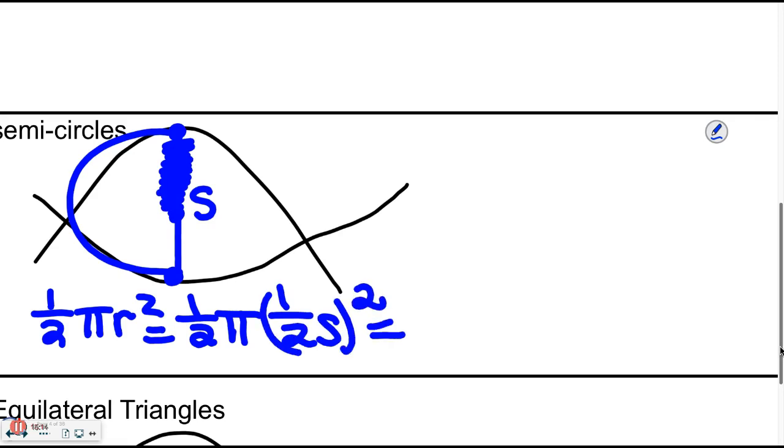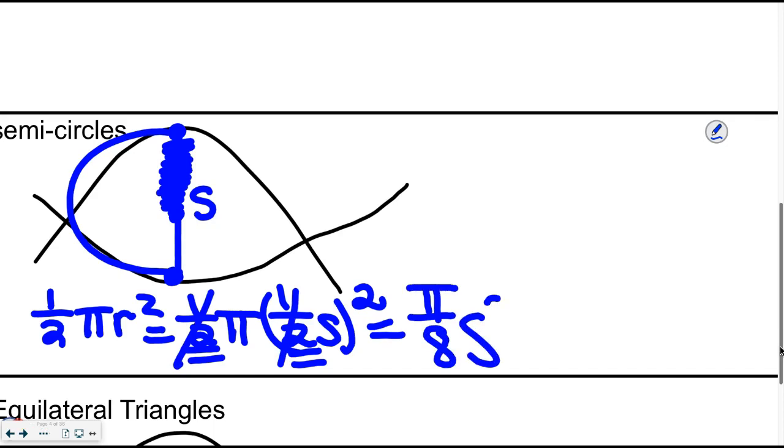So that when we clean this guy up, we have 1/2 from the semicircle, and then we end up with 1/4 from squaring that. So we end up with 1/8 and the pi and the s squared. So last year I had you memorize that there was a pi/8 multiplier out front for semicircles.